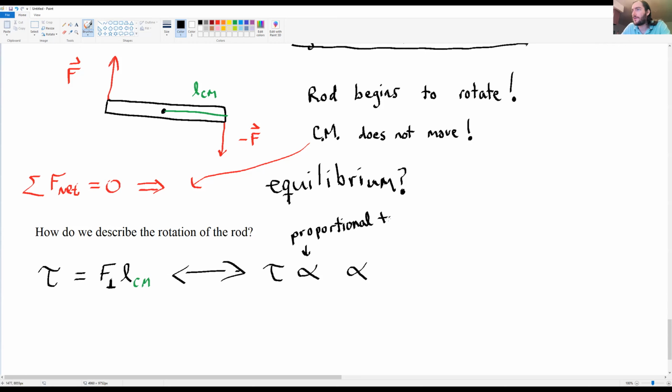So proportional to, and this one right here is angular acceleration. Just like force is proportional to acceleration, tau, the torque, is going to be proportional to angular acceleration.